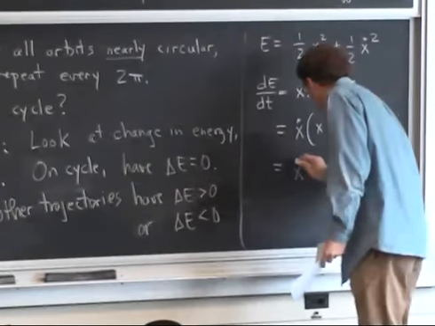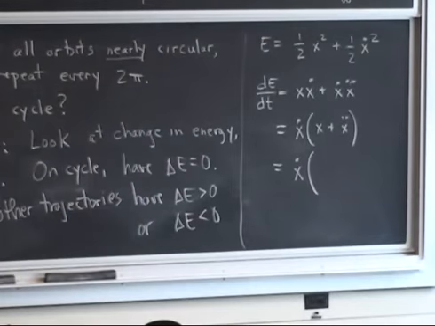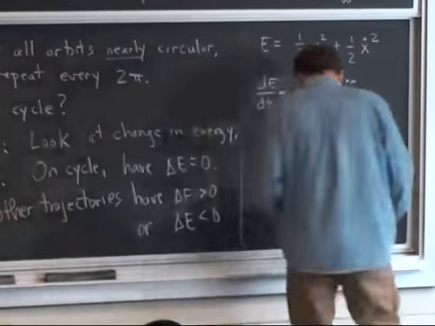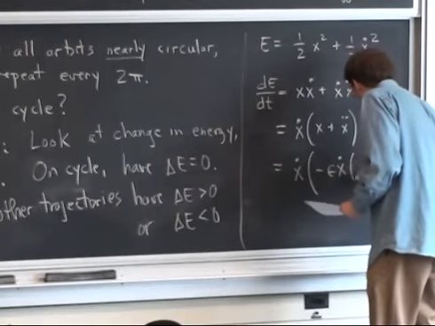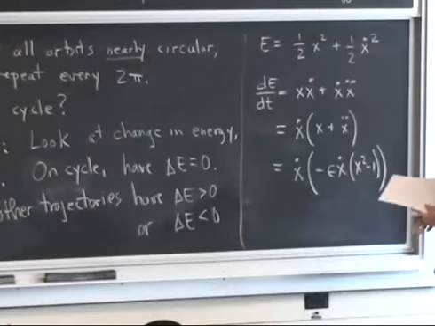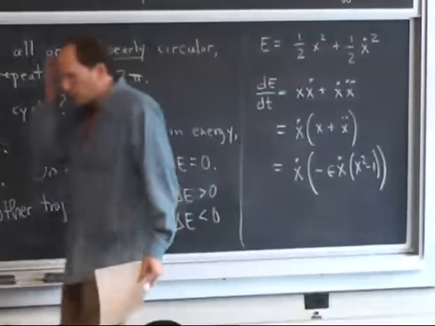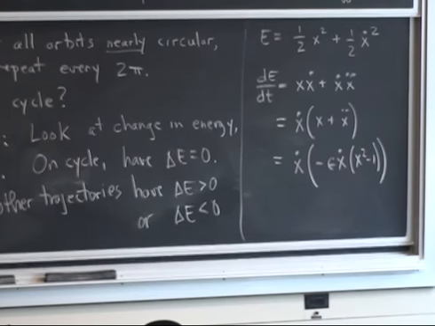And so using the van der Pol equation, x plus x double dot is then this damping term. So we put in a negative epsilon x dot times x squared minus 1. And so far everything is exact, no approximation yet. We're just defining the change in this quantity E for the van der Pol.